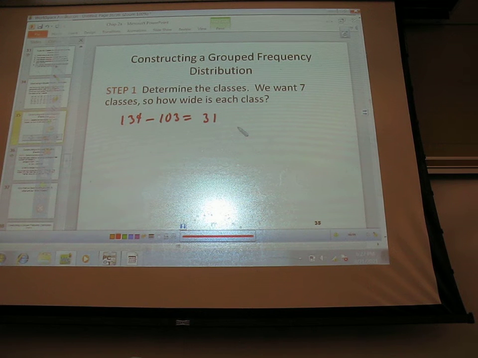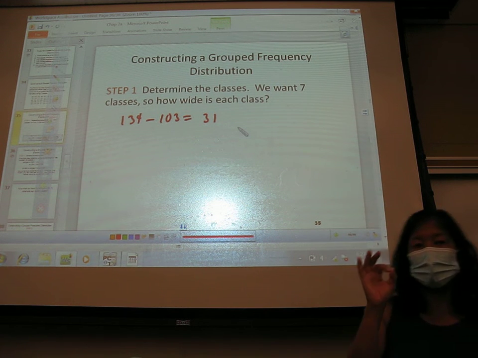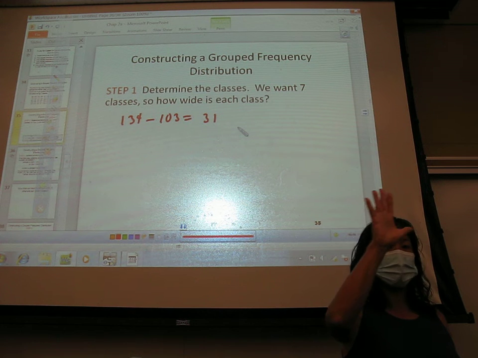So that means I can go in groups of 5. Why do I want class widths of 5? Because if I have a class width of 5, I can make my data fall on 5s, so it's easier for people to wrap their head around. You guys following what I'm saying? Yes. So here, ideally, we want to have class widths of 5.